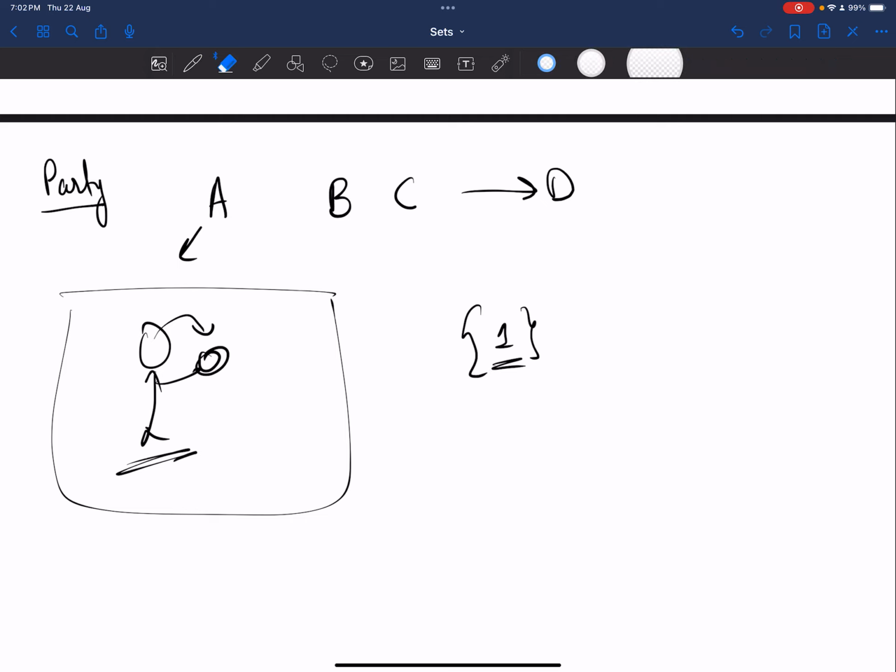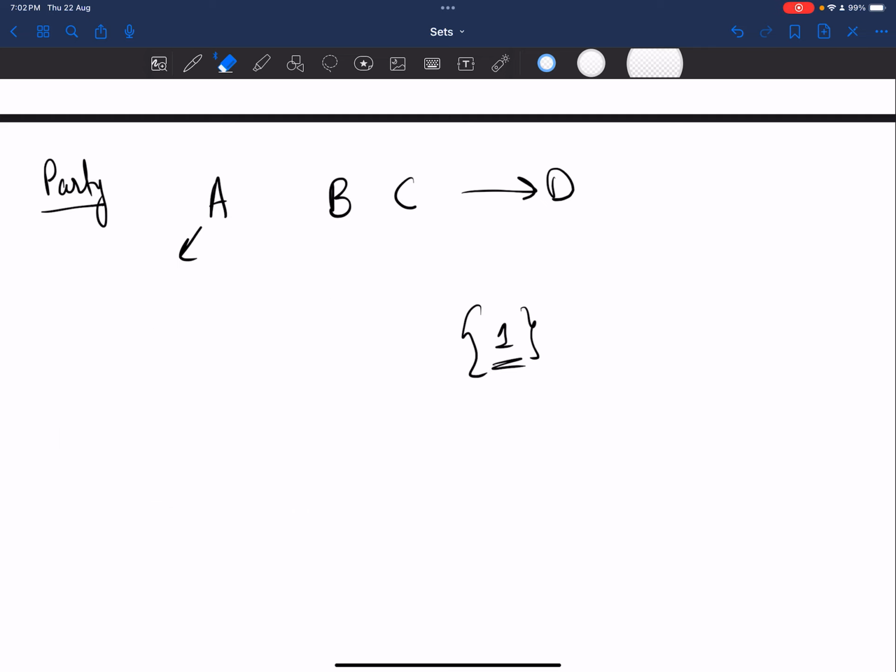So where are we at? We're in 1. Right now I'm not going to draw people holding grapes. I will just write the numbers in a set. I want you to imagine people holding grapes for a while, or you can imagine 1 sitting in a place, 2 sitting in a place, and 3 sitting in a place.